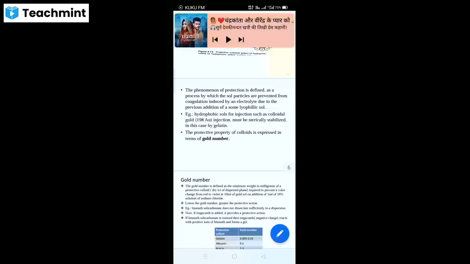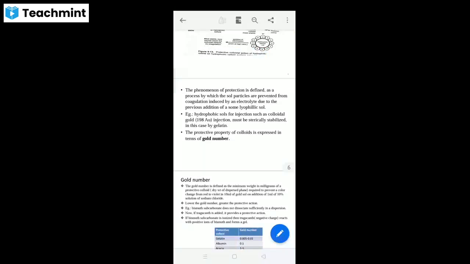Next, the phenomenon of protection is defined as a process by which sol particles are prevented from coagulation induced by an electrolyte due to the previous addition of some hydrophilic sol. Example: a hydrophobic sol for injection such as colloidal gold-198 (Au) injection must be sterically stabilized, in this case by gelatin.